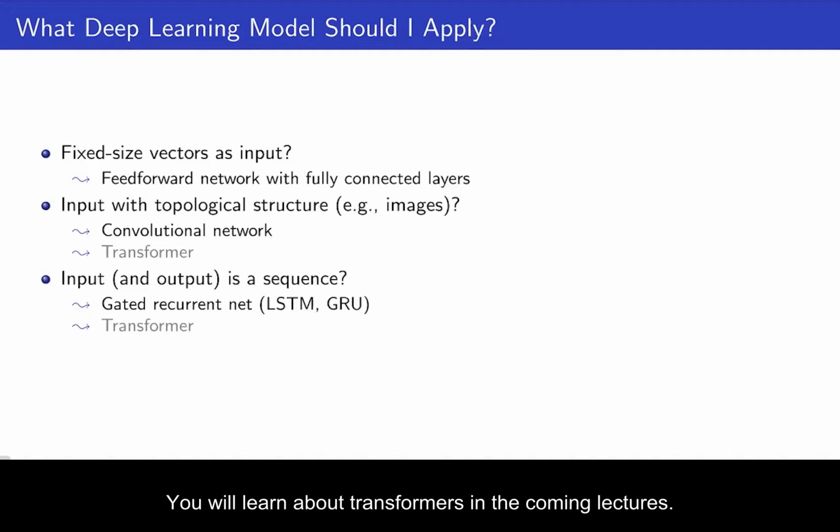You will learn about transformers in the coming lectures. Finally, if you have a sequence of images or text or any other form of sequential input, then you would want to use LSTMs or GRUs, for example. Again, probably with a convolutional neural network. And also in this case, you can use transformers as well.